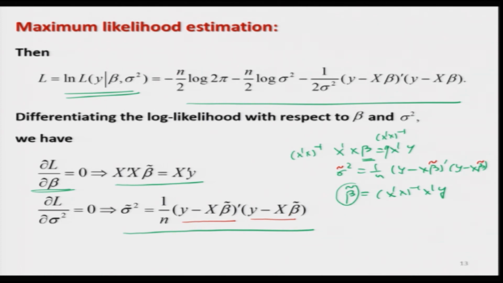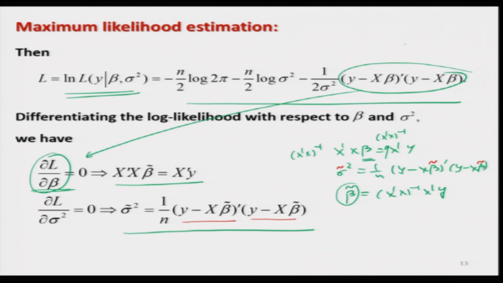One thing you have to notice here is that when you are trying to differentiate this log of likelihood with respect to beta, what is the function that you are trying to minimize? It is this function: (y minus x beta) transpose (y minus x beta).